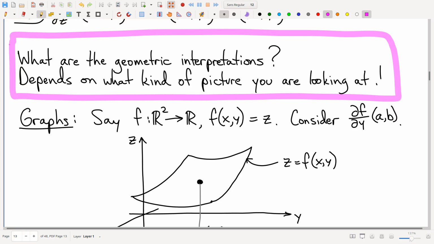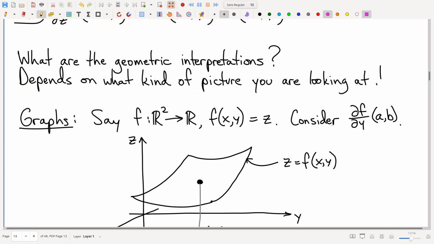Now, y'all know that I'm real big on which type of pictures we are looking at, right? So a clarification: single variable derivatives are the slope of the tangent line to the graph. It's only the graph, specifically the graph.